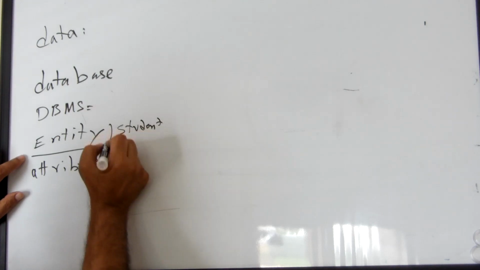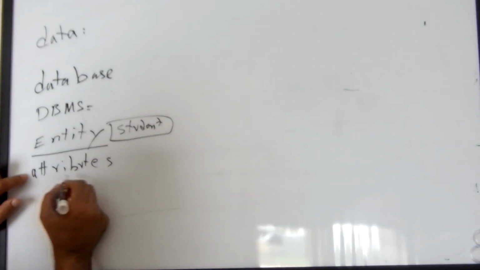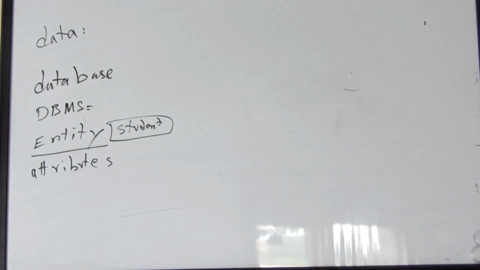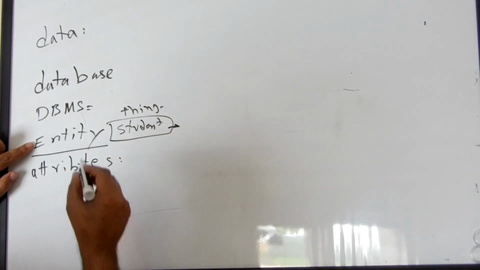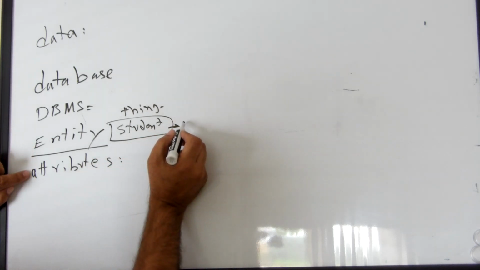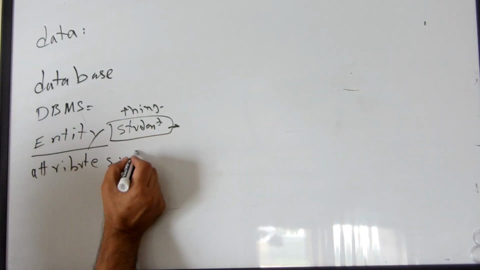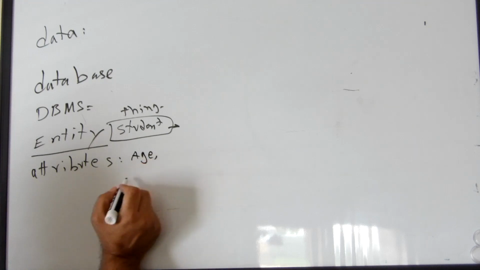The attribute describes the entity. An entity could be a thing, anything, an object. A student could be an object, and the attributes are the student's name, first name, last name, email, date of birth. Then the values of attributes, like age, one of the attributes, or date of birth.